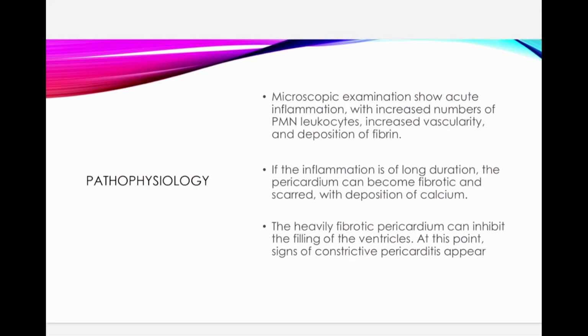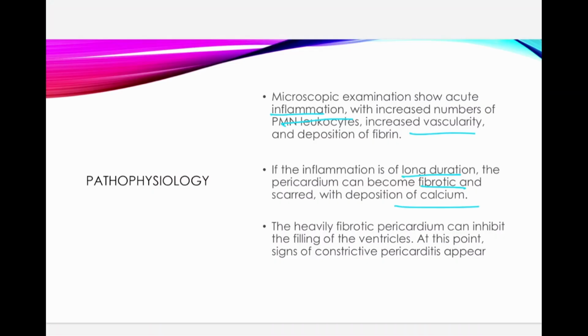So when you look at the breakdown and you actually look at the pericardial stripping and the tissue, obviously they're going to have inflammation, leukocytes will be there, increased vascularity, all things that are going to happen due to the inflammation. If it's long, it becomes fibrotic and calcified. A lot of calcium. So whenever you hear calcium, think it's been there for a while.